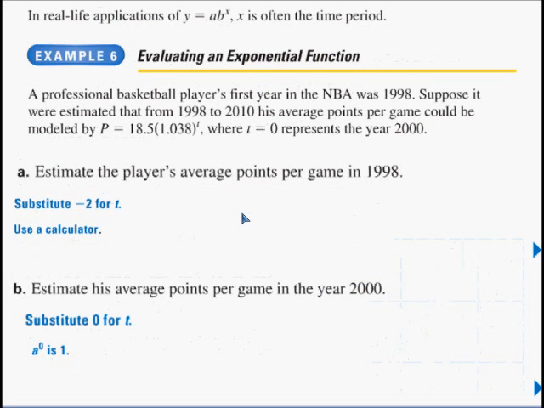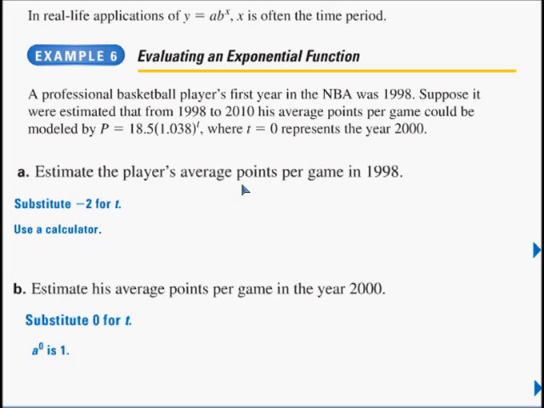Now in real life applications, y equals a b to the x often involves time, as in example 6. A professional basketball player's first year in the NBA was 1998. Suppose it were estimated that from 1998 to 2010, his average points per game could be modeled by points equal 18.5 times 1.038 to the exponent t, where t is 0, representing the year 2000.